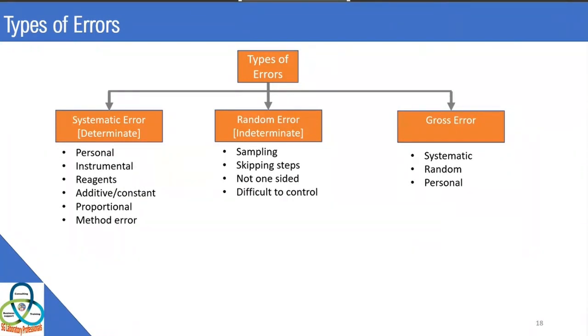Whereas random error is two-sided and difficult to eliminate, but you can minimize it with stringent QA/QC protocols. Gross error is a combination of systematic and random error. Mostly people try to put personal error under gross error, but gross error is not a widely used term. Most laboratories work on systematic error and random error.